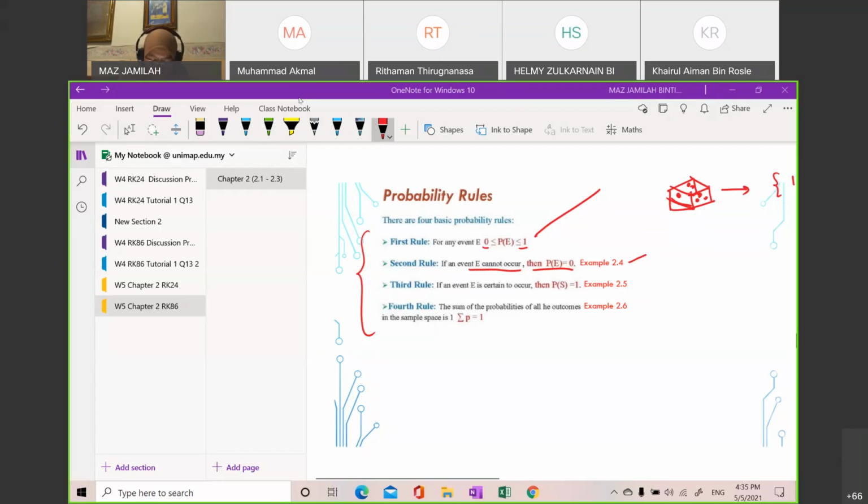The third rule says that if event E is certain to occur, then the probability of event E is equal to 1. For example 2.5, when a single die is rolled, what is the probability of getting a number less than 9?